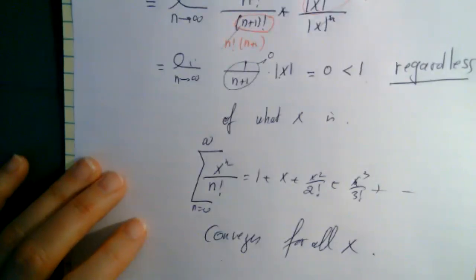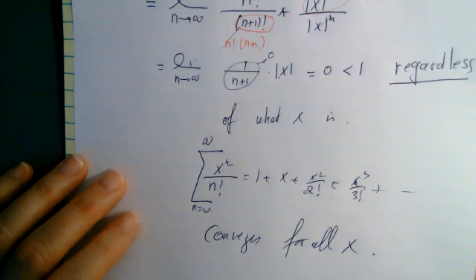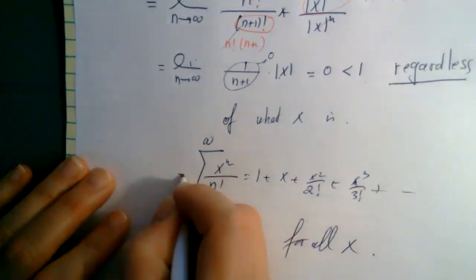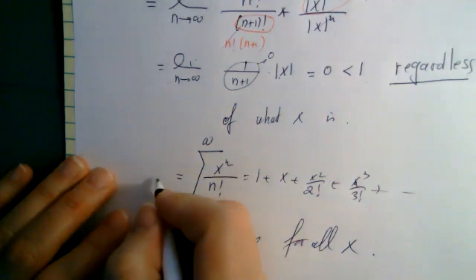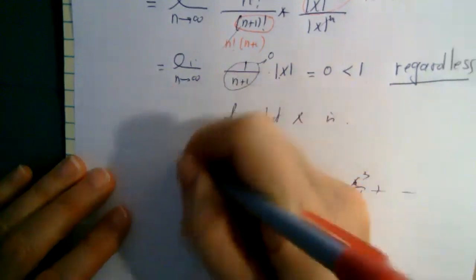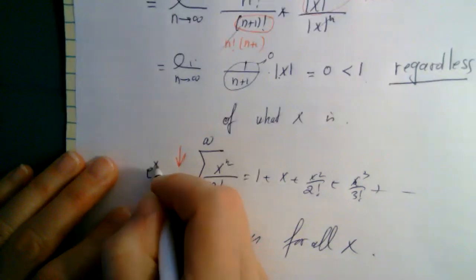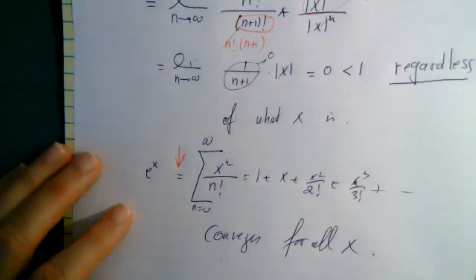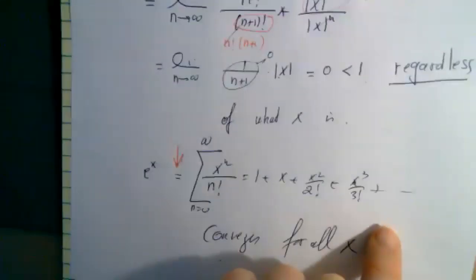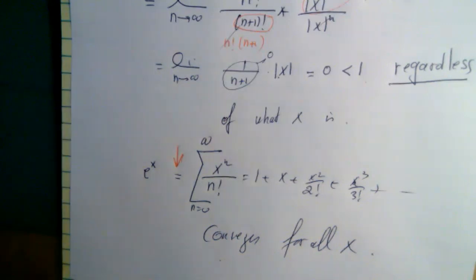And one of the things we're going to show later on in the course is the value it will converge to, which is e to the x. So we're going to show that the sum of those terms is actually e to the x.